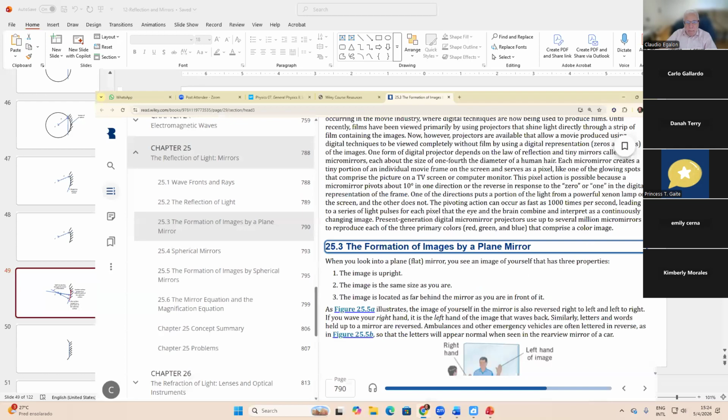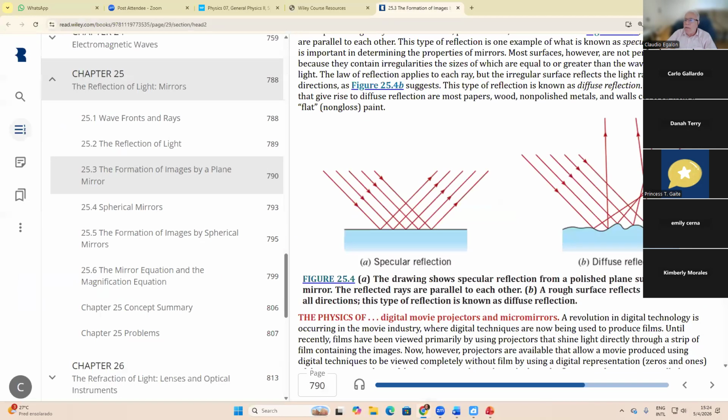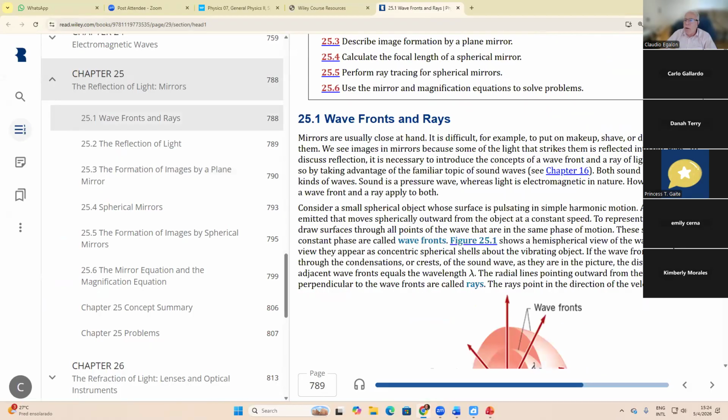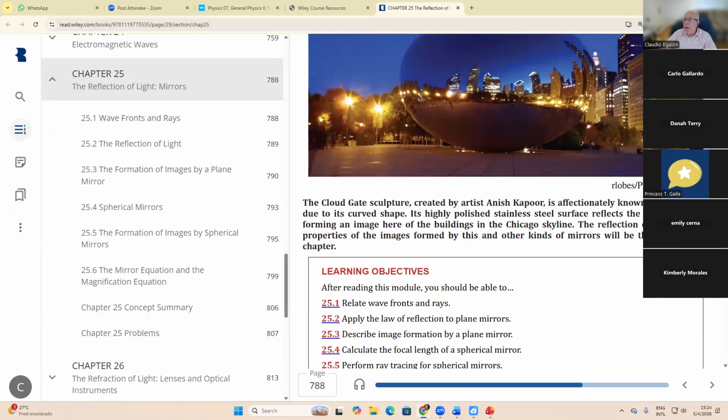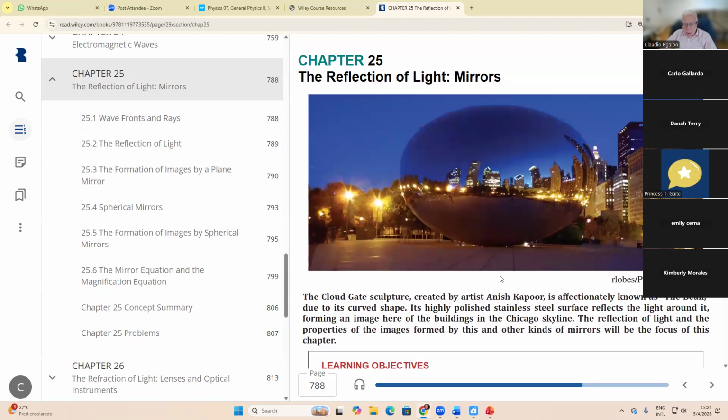And we do have a picture of how a convex mirror forms images. Right here, that's the image. The Bean, due to its curved surface, the Cloud Gate sculpture. It looks like a convex mirror here. You can see that the buildings are distorted. The image of the buildings is distorted.